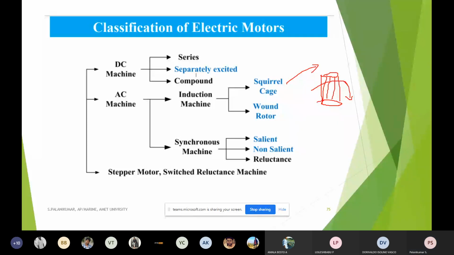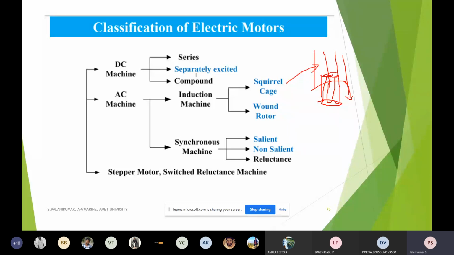All the bars in the end rings are short circuited. Because when it is short circuited, current will flow, and when there is current flow, torque will be produced. When the flux lines cut the rotor bars, an EMF is induced and voltage will be there.